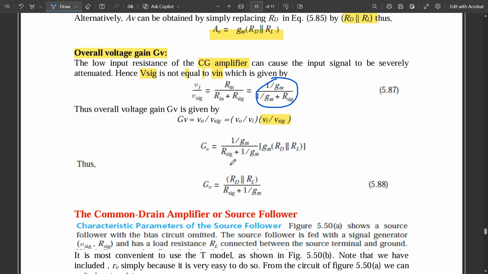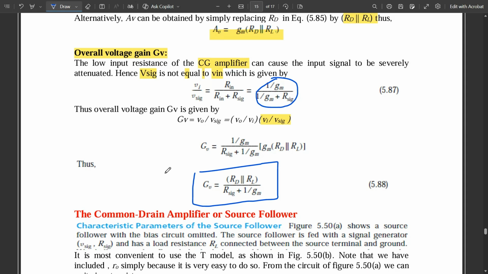Okay, simplify this and we will get the overall voltage gain Gv is equal to gm. If you take gm common and keep it in the denominator, the gm term gets cancelled out, and the remaining terms are RD parallel to RL divided by Rsig plus 1 by gm.